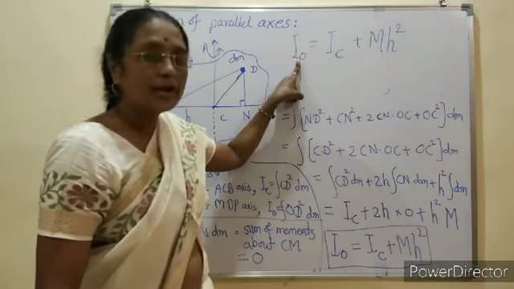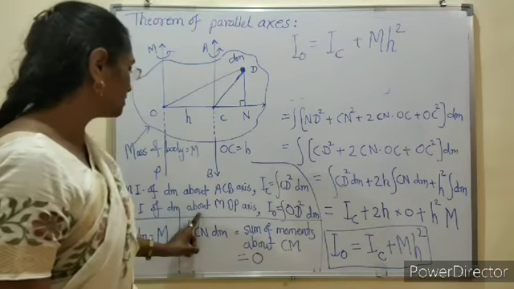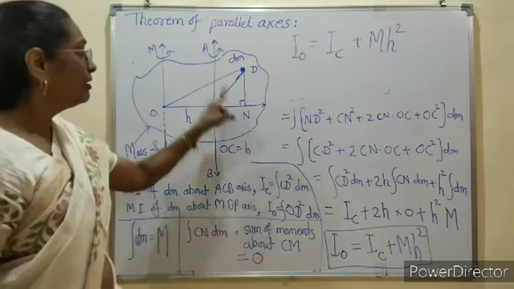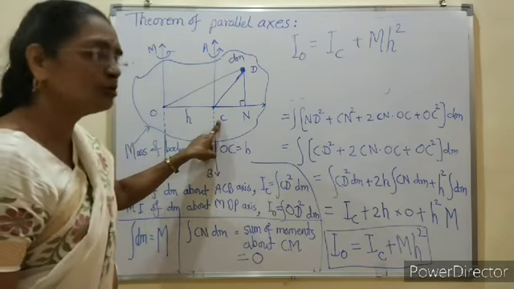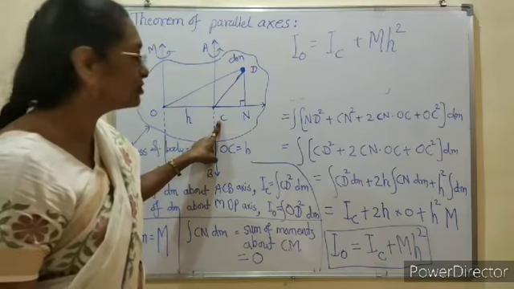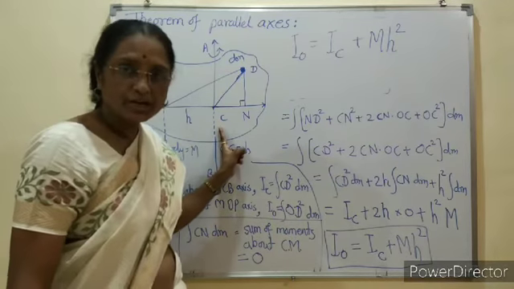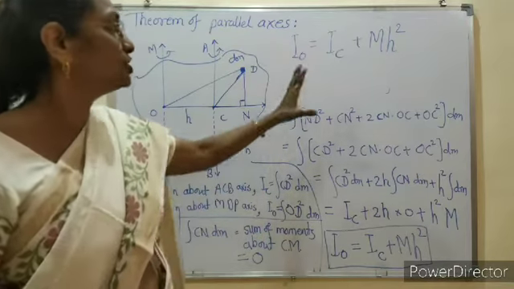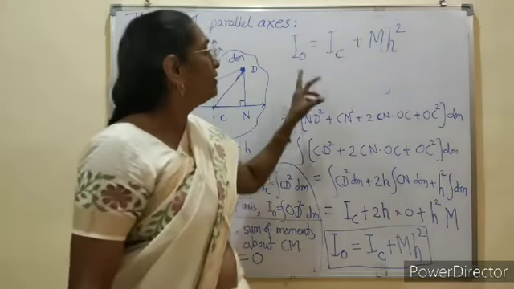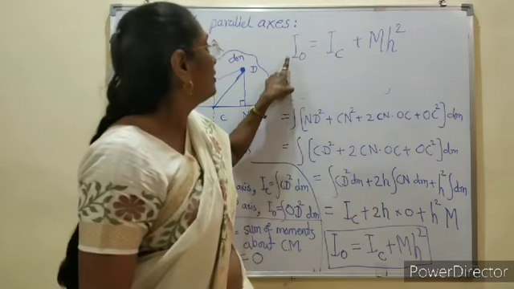Here IO is the moment of inertia about any axis passing through O, and IC is the moment of inertia about the axis passing through center of mass. Once we have such description for each quantity, then we can state the principle.